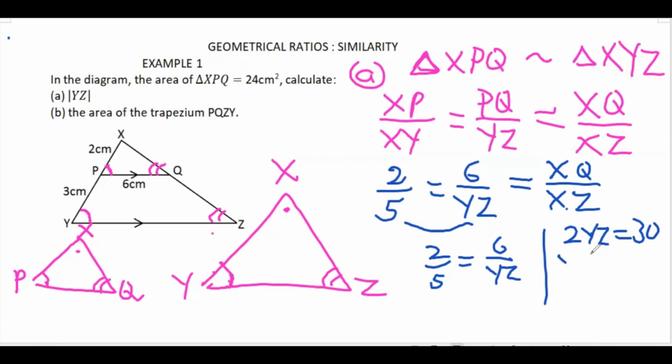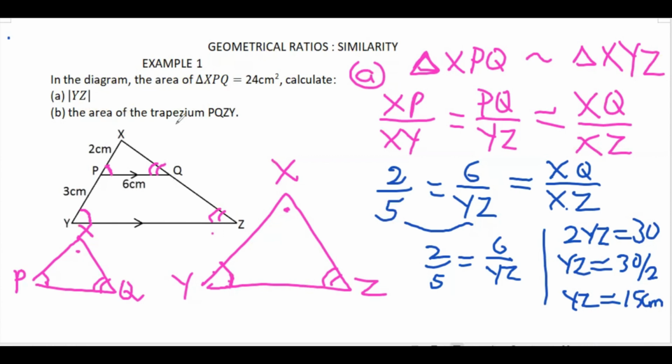So that is going to give you YZ equals 30 over 2, and YZ becomes 15. That is 15 centimeters, and that's what we have to find there. YZ is 15 centimeters. So we quickly go and find this one.